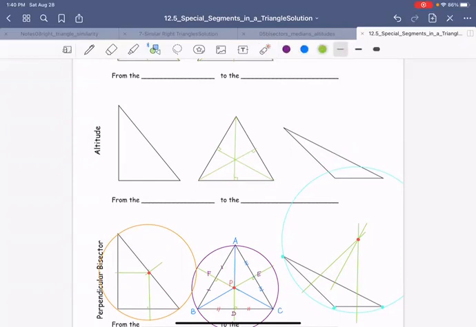Next, we are going to draw the perpendicular line here. Everybody has to draw it, okay?